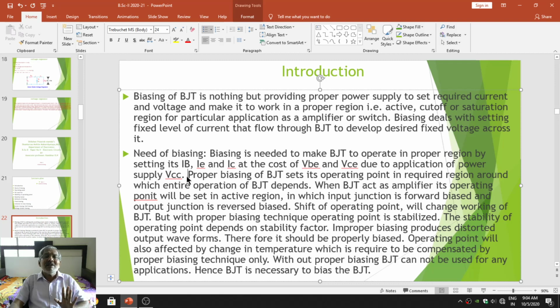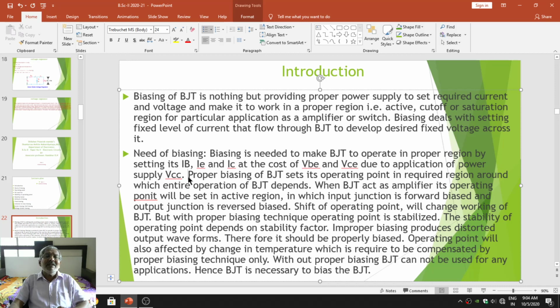Means here we are applying only one power supply, that is between collector and ground, so that it will develop proper magnitude of base current, emitter current and collector current at the cost of base to emitter voltage and collector to emitter voltage, allowing BJT to work in a proper region.